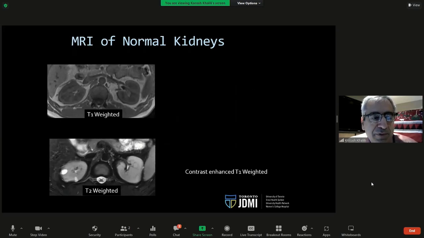MRI, compared to CT, has much better resolution in terms of showing the differences in the soft tissues. So we call that soft tissue contrast, or contrast resolution.